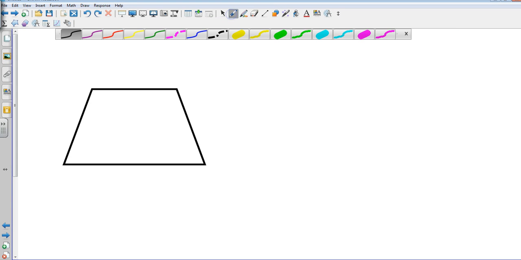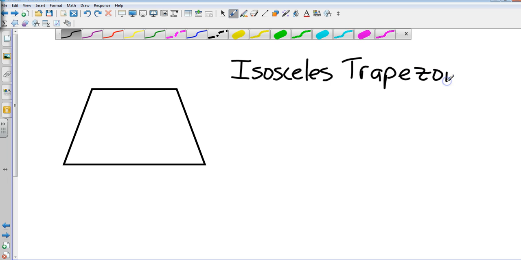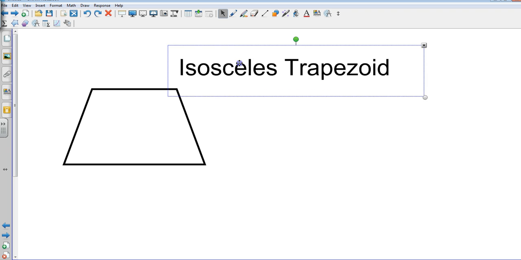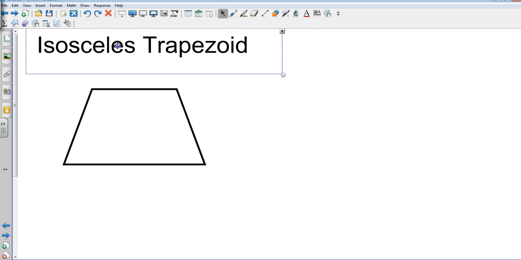Okay, so let's look at a specific trapezoid. This is an isosceles trapezoid. And what makes it an isosceles trapezoid are two different things.